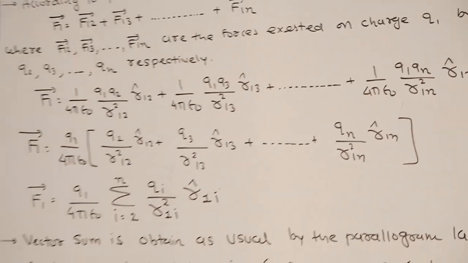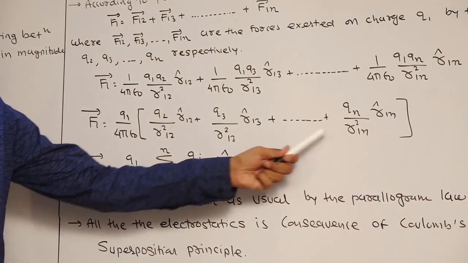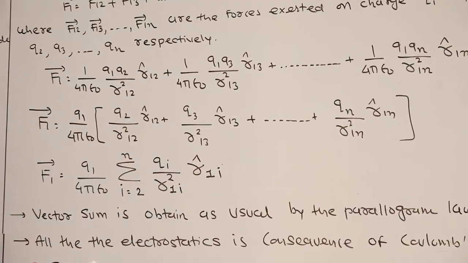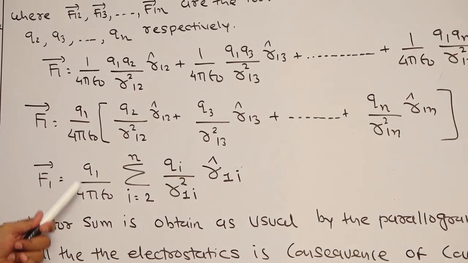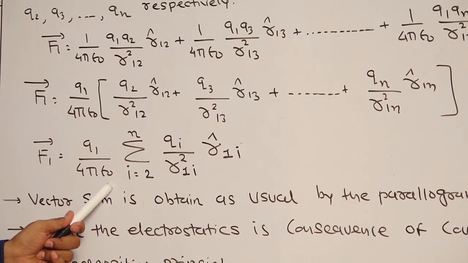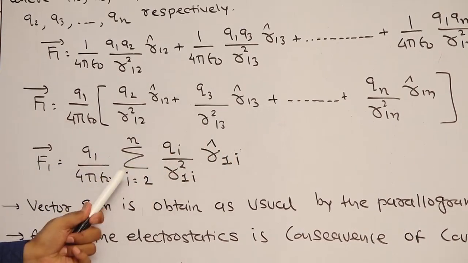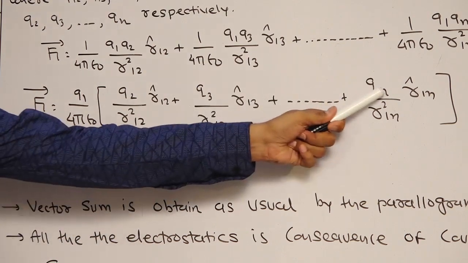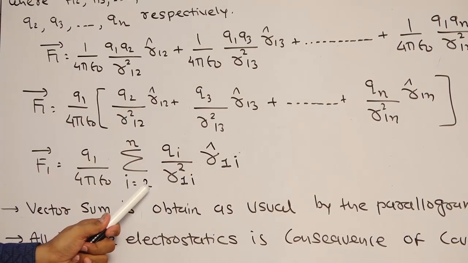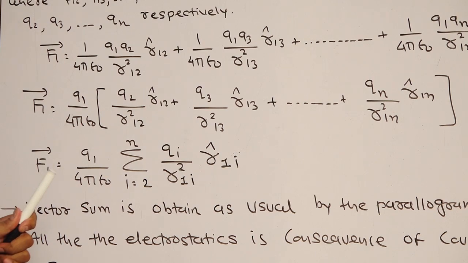Okay. Now please write down the general form of this equation. The general form can be given like this: vector F1 is equal to Q1 upon 4 pi epsilon 0, and this addition is denoted by sigma. These numbers 2, 3 and n are changing, so we write i is equal to 2 to n, because the numbers start from 2, not from 1.